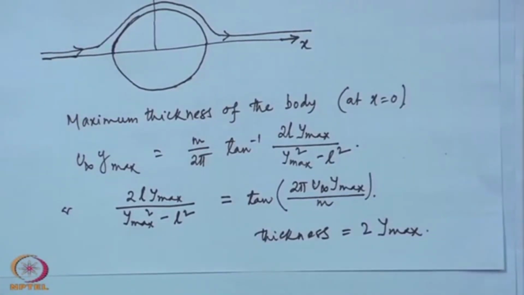Where will be the stagnation points? Stagnation points means points where the velocity is 0, flow velocity is 0. We can get an easier formula if we substitute x equal to 0 in the complete expression of stream function. So we can get another formula. Okay.